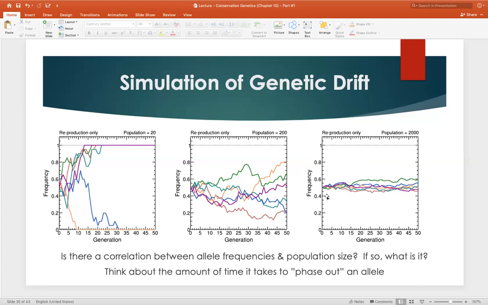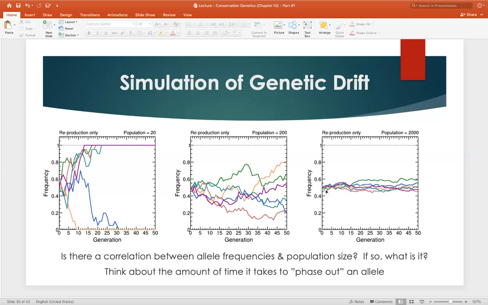So the idea here is that when we look at our population of 2,000 breeding individuals, we're looking at 4,000 different alleles, 2 alleles per individual for a particular gene of interest.